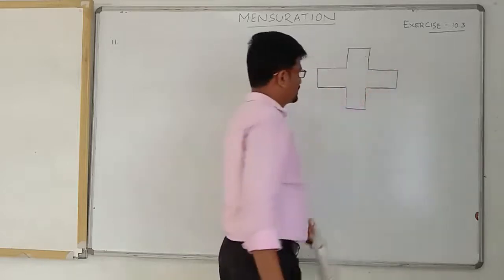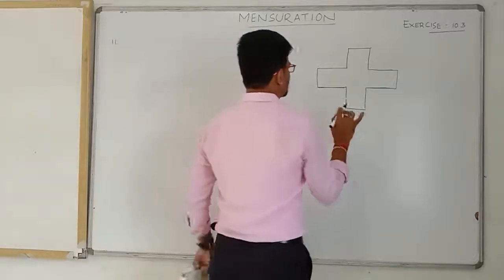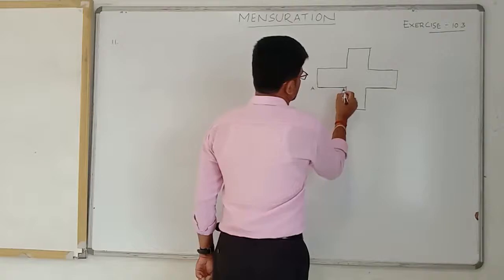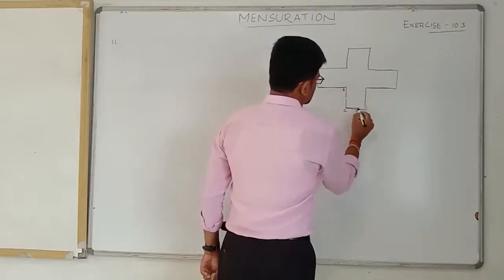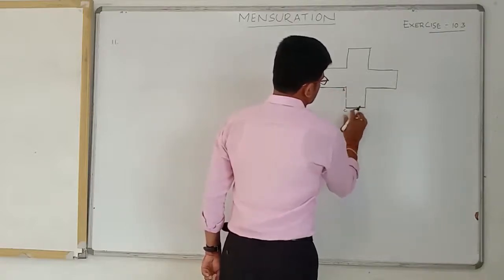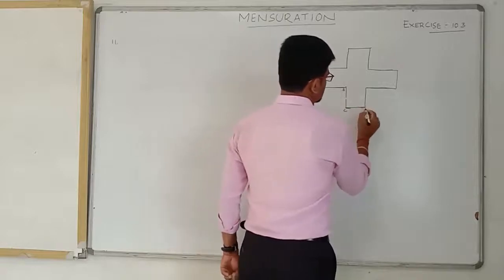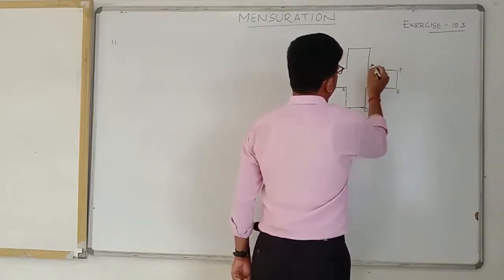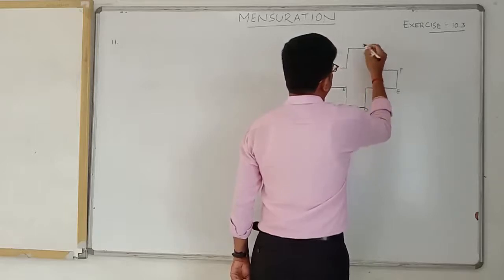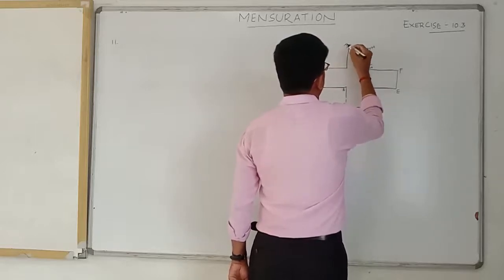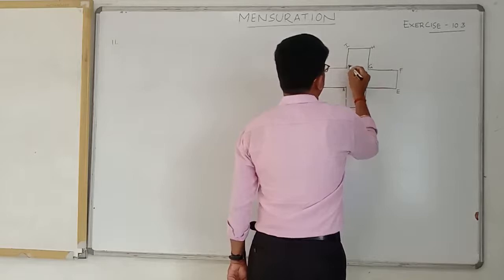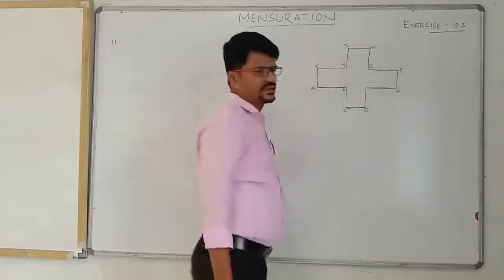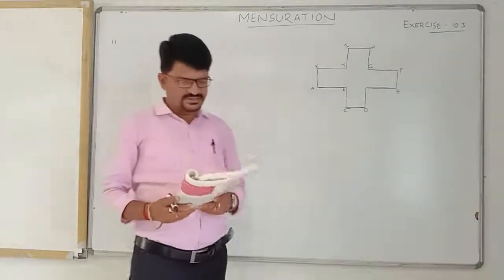That's all. Actually, let it be, give names A, B, C, D, E, F, G, H, I, J, K. Okay, we need to split.